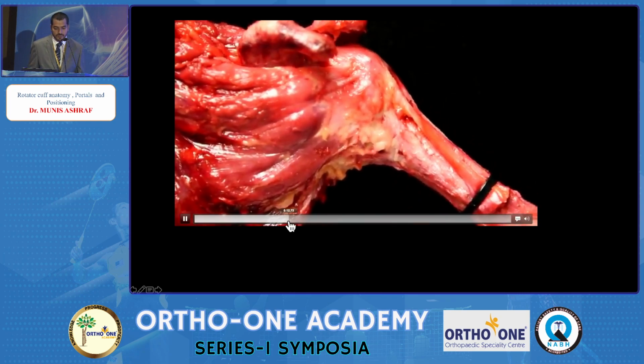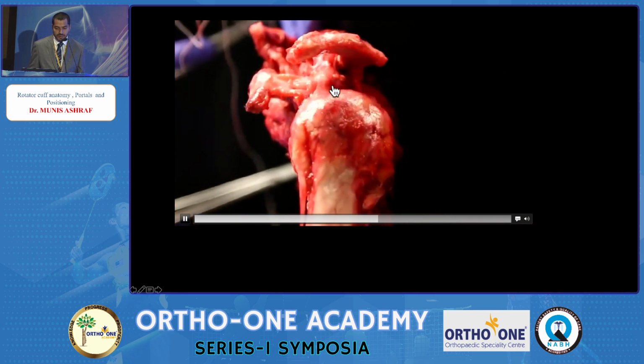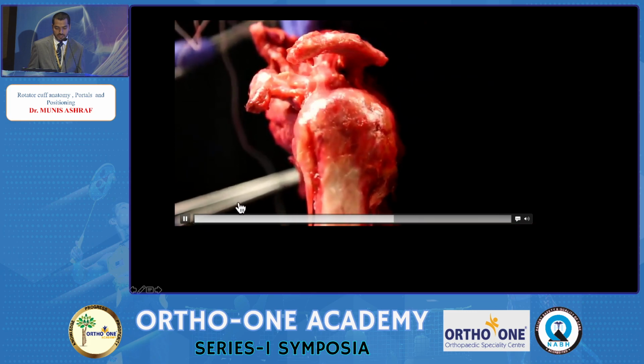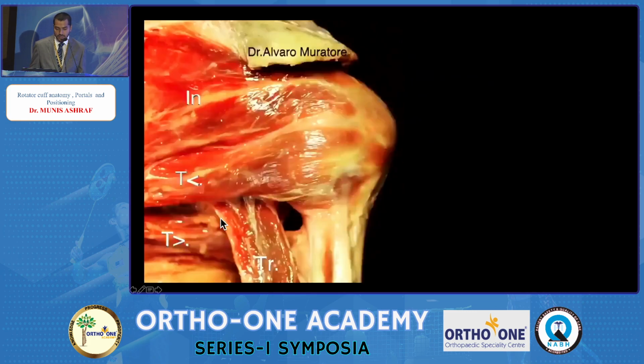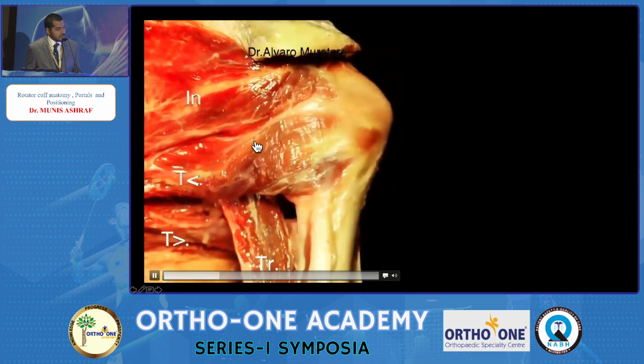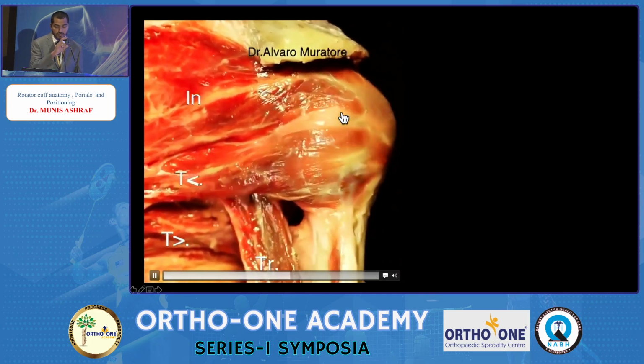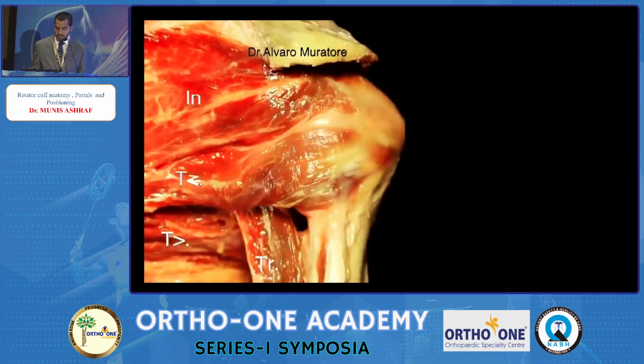This is the supraspinatus inserting into the GT, which aids in abduction. From the posterior view we have the infraspinatus and the teres minor, both inserting into the greater tuberosity, aiding in external rotation.